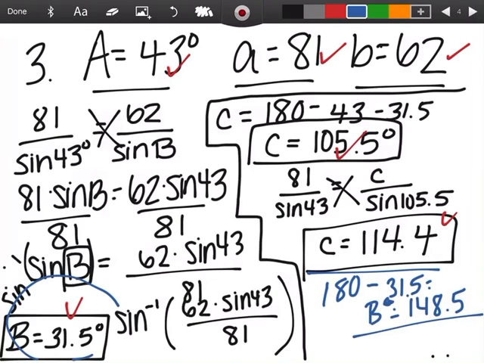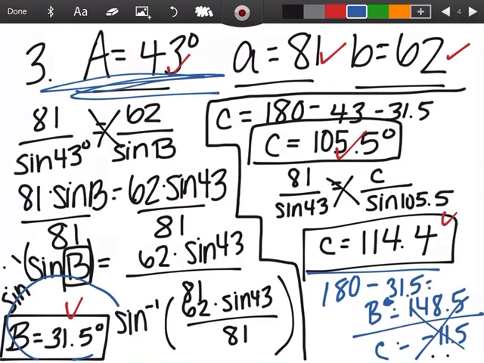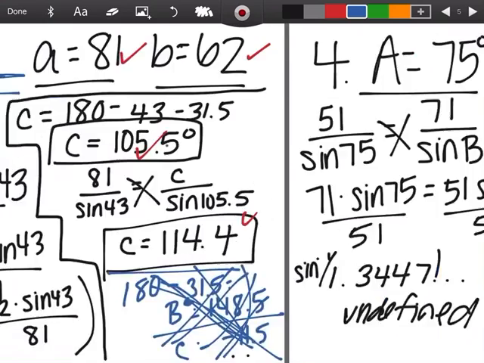If angle B is 148.5 and angle A is 43 and angle C is whatever's left over, 180 minus 43 minus 148.5 is negative 11.5 degrees. So that can't happen, which means I don't need to worry about this. So there's only one possible triangle that has 3 angles.